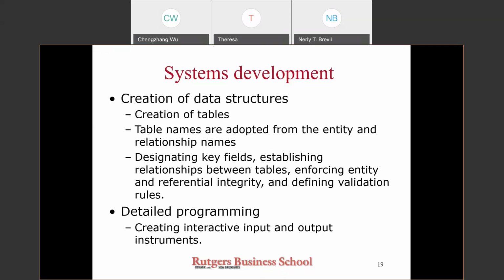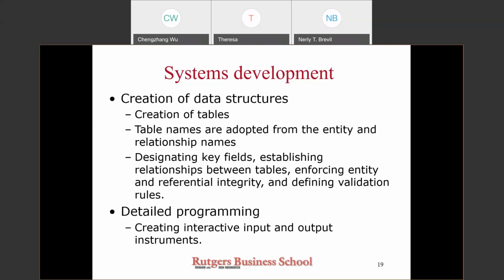The initial step in the system development, that is, the creation of data structures, involves relatively straightforward tasks of creating tables, designing key fields, establishing relationships between tables, enforcing entity and referential integrity, and defining validation rules.